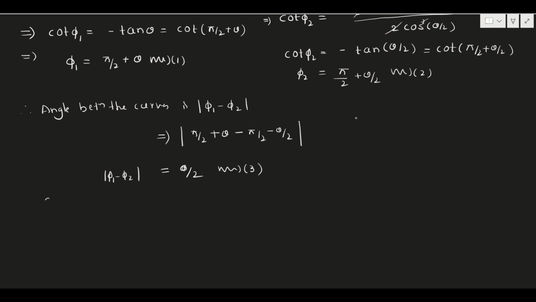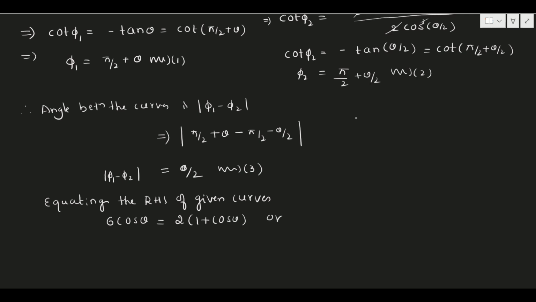Now to get theta, equate the RHS of the given curves. For the first curve, the RHS is 6 cos theta, and for the second curve it is 2(1 + cos theta). So cos theta equals 1 by 2. Therefore theta is cos inverse of 1 by 2, which is pi by 3.